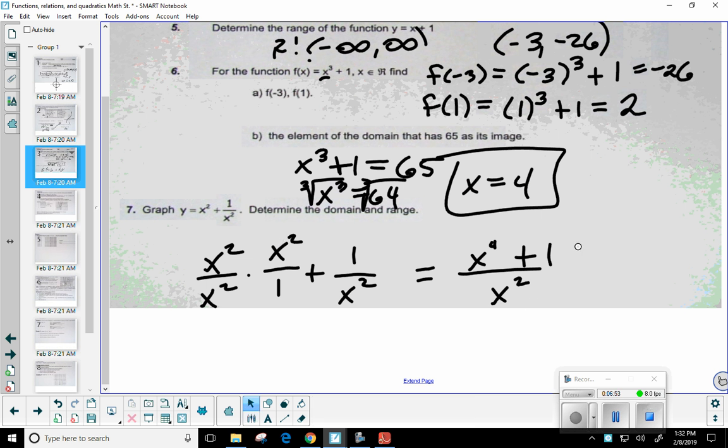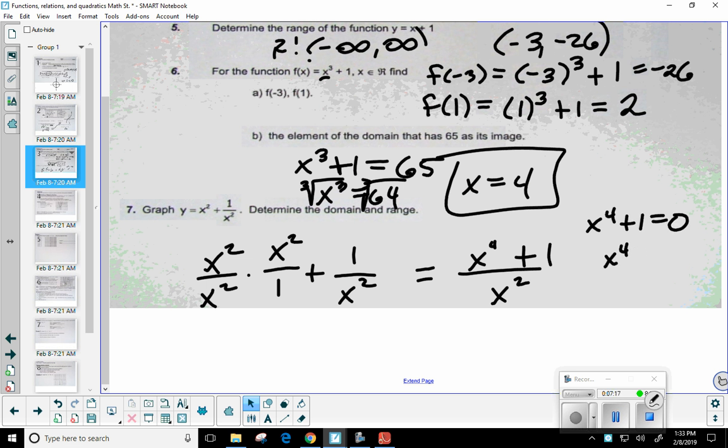Now, wherever the numerator is equal to 0, can anybody tell me what that is? That's where you're going to find your x-intercepts. So on this one, let's set the numerator equal to 0: x to the 4th plus 1 equals 0.